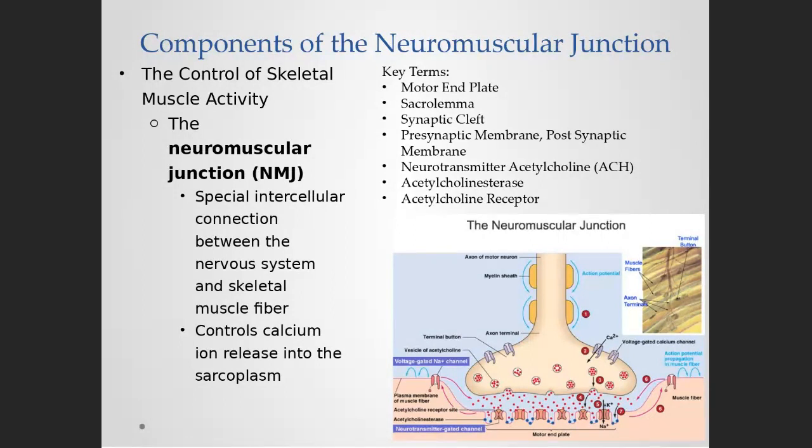The motor end plate is the part of the sarcolemma where all of these receptors are located that are in this position because the neurotransmitter, the ligand that can bind and cause these receptors to undergo a conformational change, is most likely to hit it and happen at this area, which is the neuromuscular junction. Right? The synaptic cleft is going to be this, again, extracellular environment that exists between the two membranes.